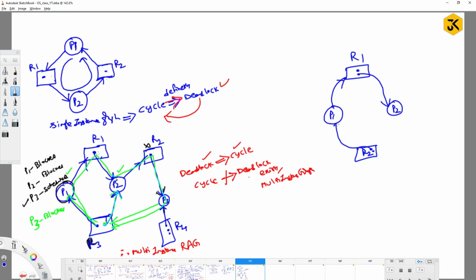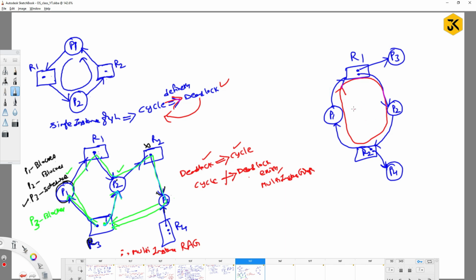One instance is already allocated to P1, one instance already allocated to P4. Now P2 is requesting a resource R2. Now observe, guys. Before that, let me say there is a process P3 which is already assigned some resource. Now observe, here it's a kind of a loop.